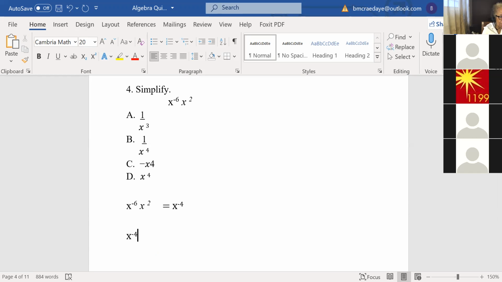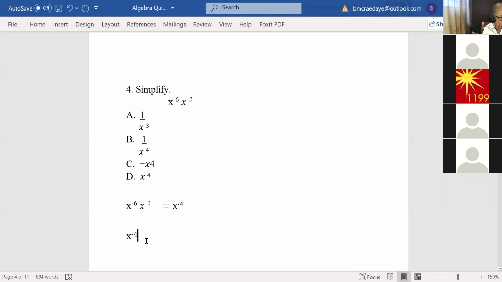So that's going to be equal to 1 over x to the +4. I'll just put the slash here: 1/x, and this would be to the +4.